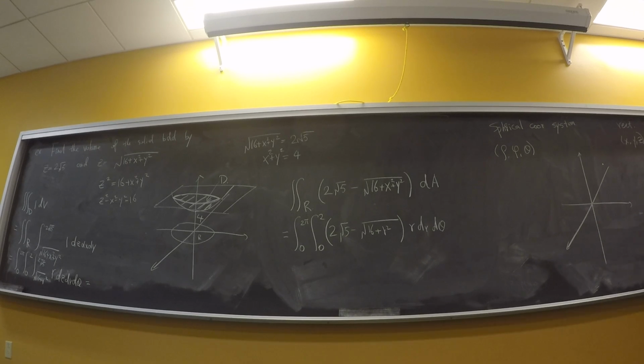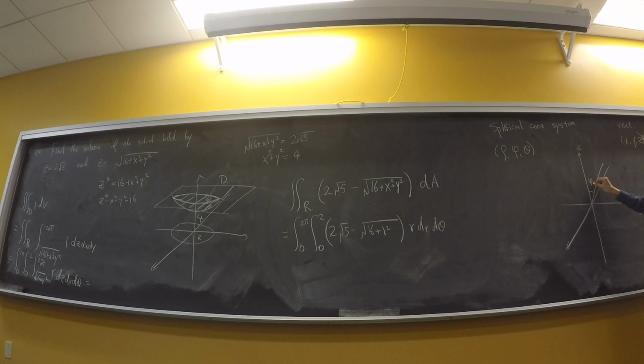If you ask yourself what we mean by a coordinate system, that's basically what it means. If I have a point in space, how am I going to locate this point uniquely by 3 numbers? You can use x, y, z. I can also use rho, phi, and theta. Rho is the distance between the origin and this point. And phi is the angle between this ray and the positive direction of the z-axis.